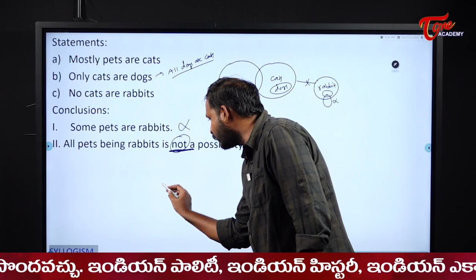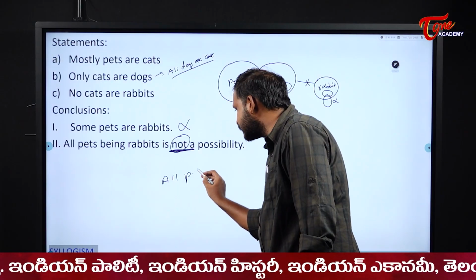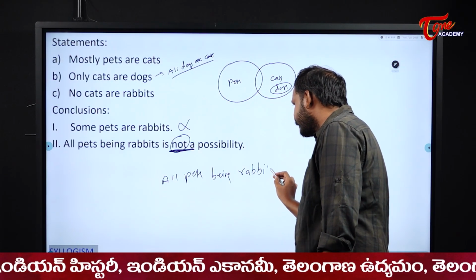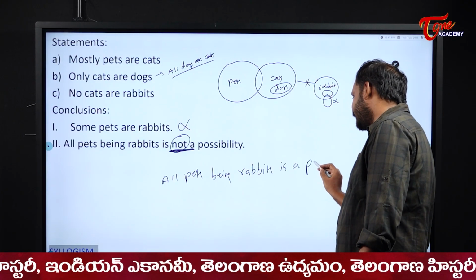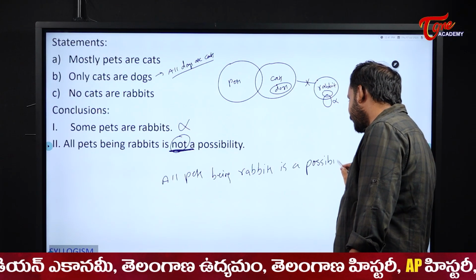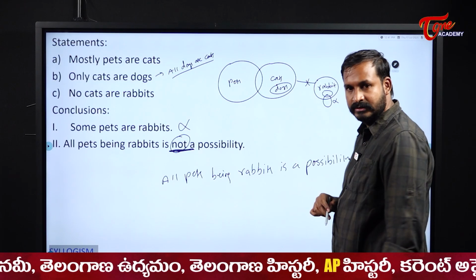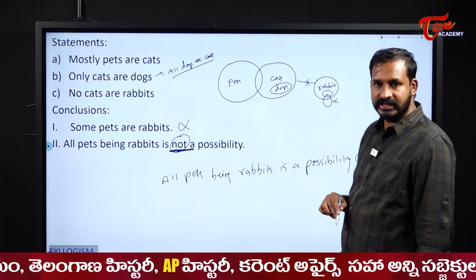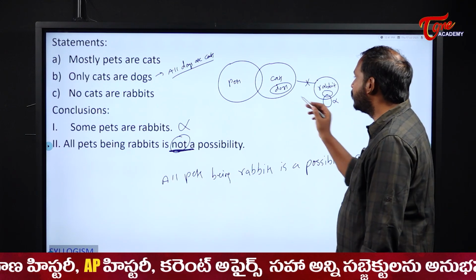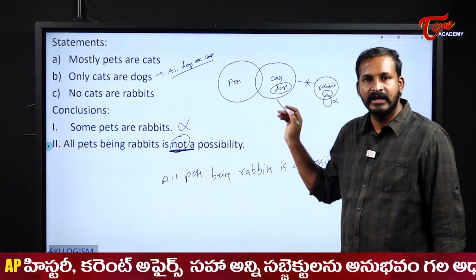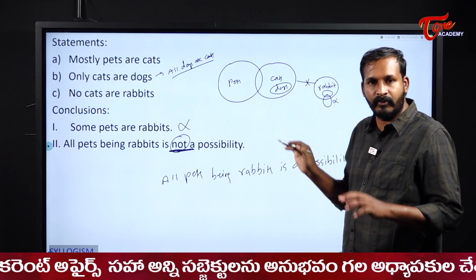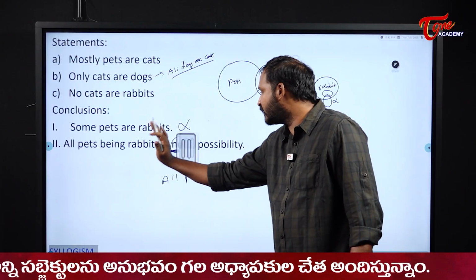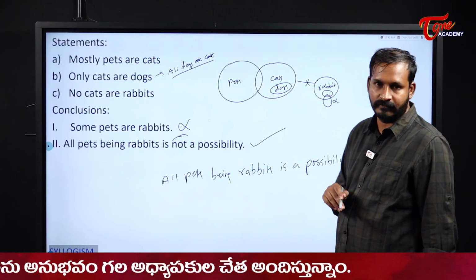What I found actually is that all pets being rabbits is a possibility, and that is false. I tried to make it true by drawing the pets inside rabbits, but that is against my given statement, so it is not possible. That means it is false, so obviously not a possibility becomes true.